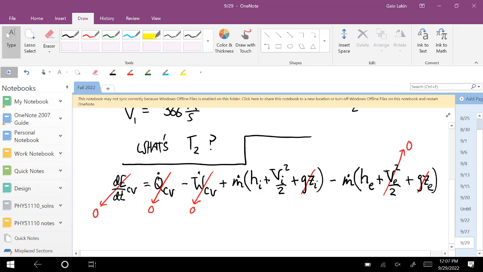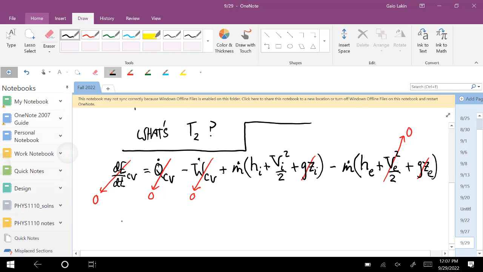And so now we have zeros equal all this stuff. That means that m dot we can remove from the equation, and we get 0 is equal to hi minus he plus Vi squared over 2.